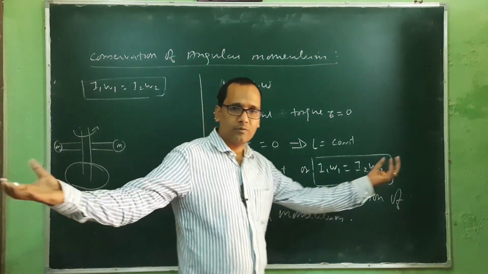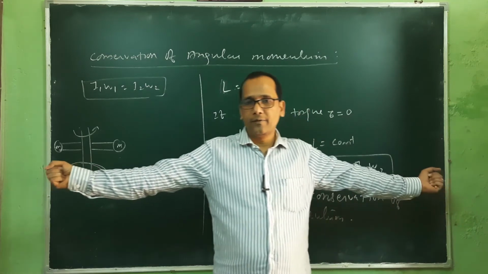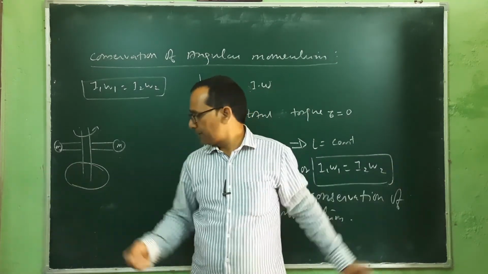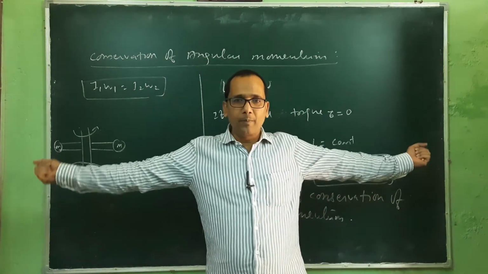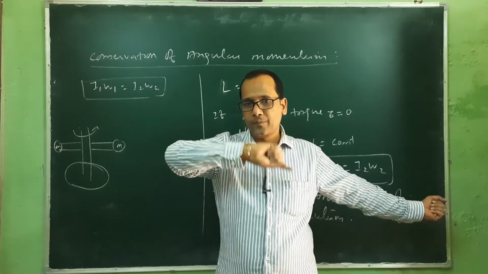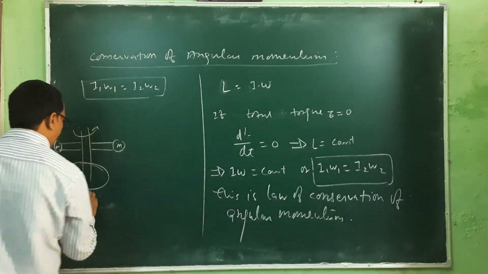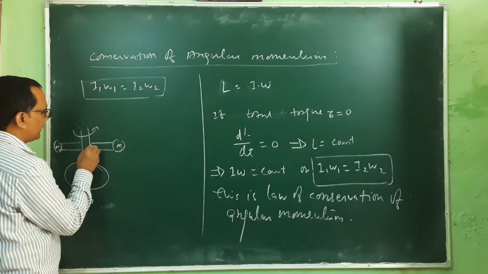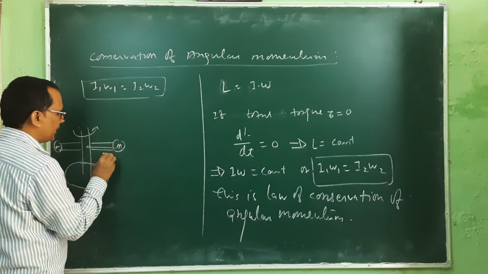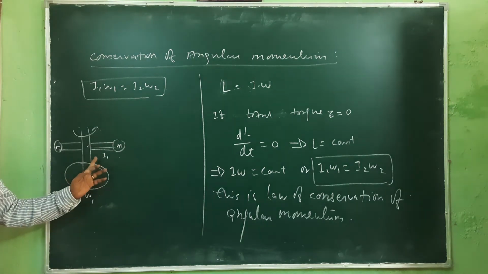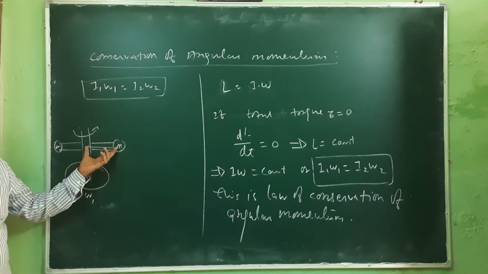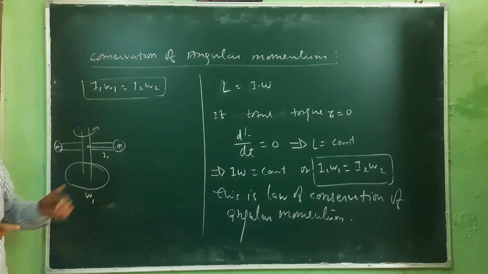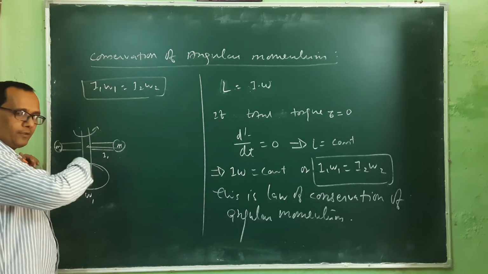So it is rotating with constant angular momentum, with omega 1, and this moment of inertia will be I1, and R is more, so I1 is more.